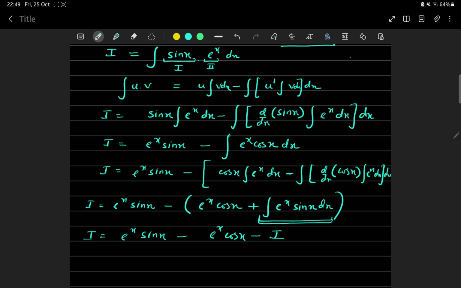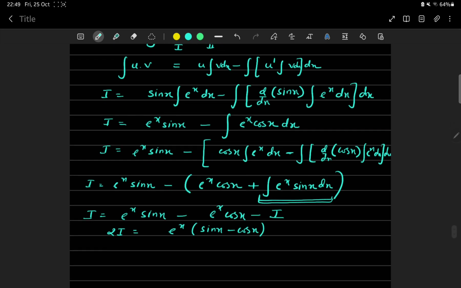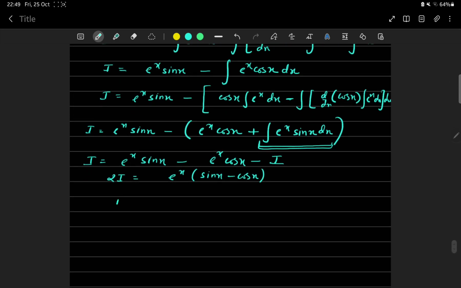Now this is the minus I, so when you transpose it, then on the left hand side it will get added with this I, so 2I equals to e to the power x, sin x minus cos x, we can take it as common. Now I becomes 1 by 2 e to the power x, sin x minus cos x.